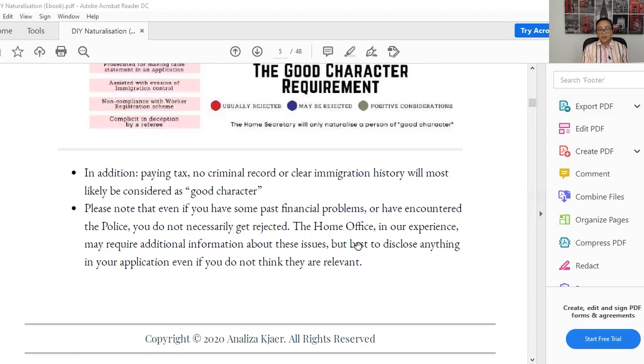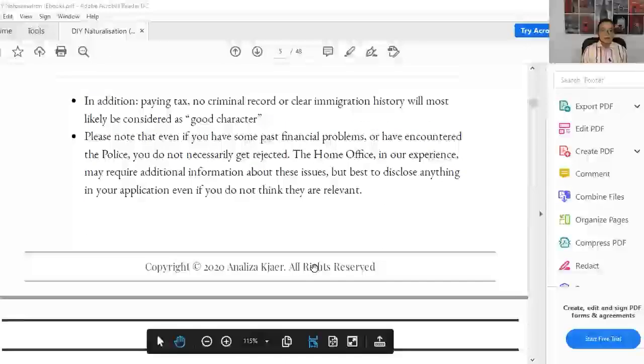She went to the police station. Apparently she was interviewed, but really she did not have a clue. So anything that she told me, we just wrote everything down for the Home Office. We mentioned it and said we haven't got any more details, we haven't got any documents. So you are upfront. They really appreciate honesty, even though it's not relevant. So it's better to be upfront, even though it's not relevant.